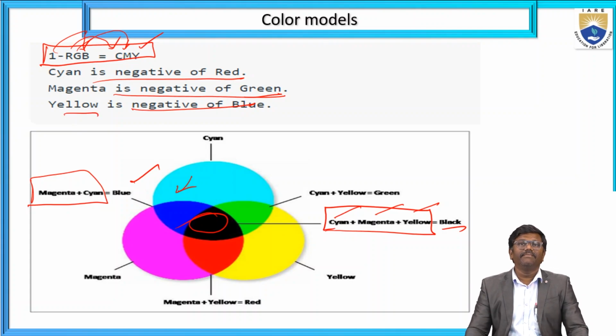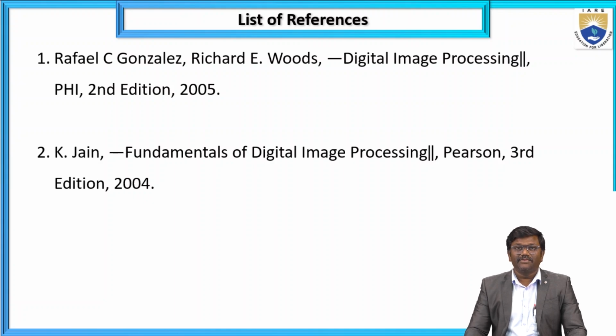Like that, we define each and every color model which we can form for understanding color model formation. Of course, we understood so far the definitions and terminologies of image processing very clearly.